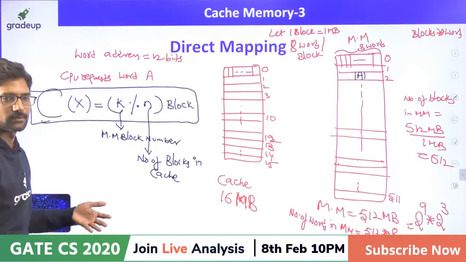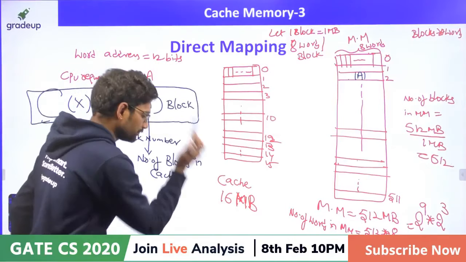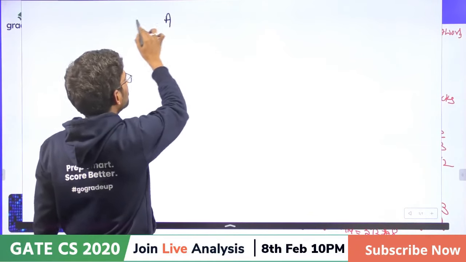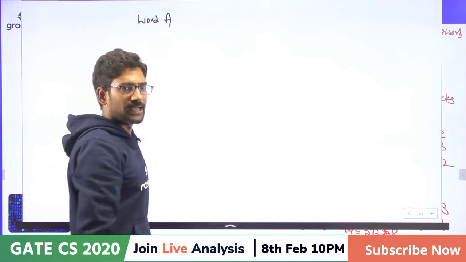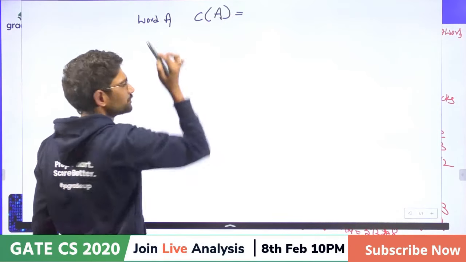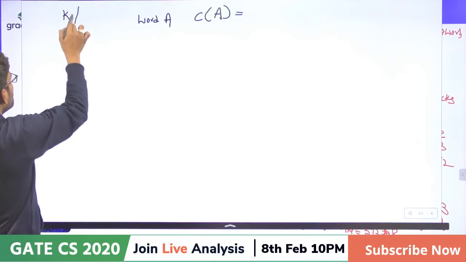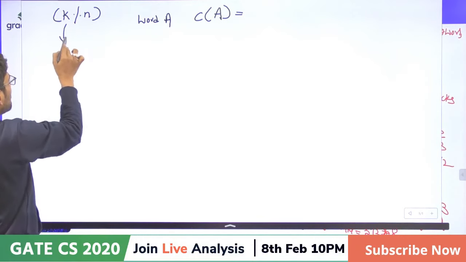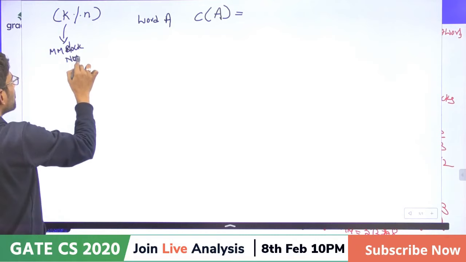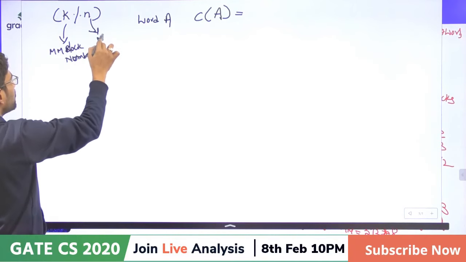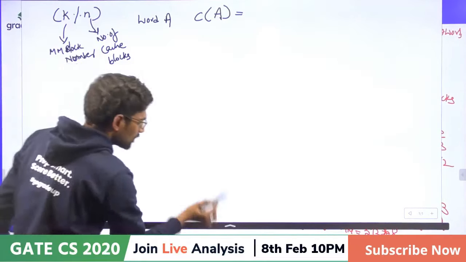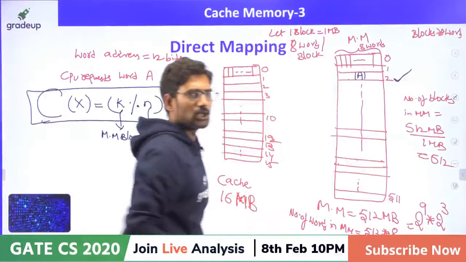Let's see how it works. Let us say first word A is requested. What is the location of A in cache memory? We have just seen that it is K modulus N, where K is the main memory block number and N is the number of cache blocks. The main memory block number of A is 2.